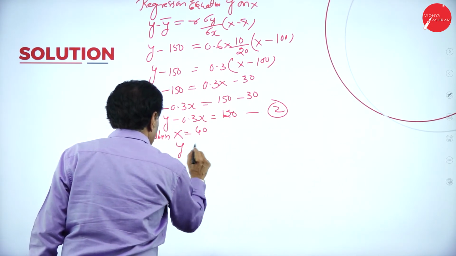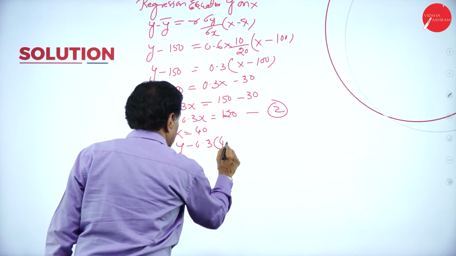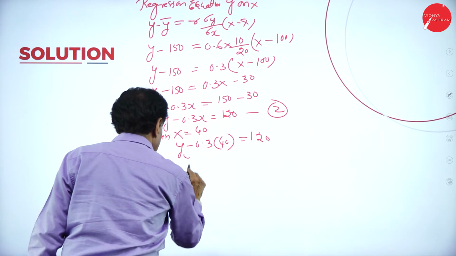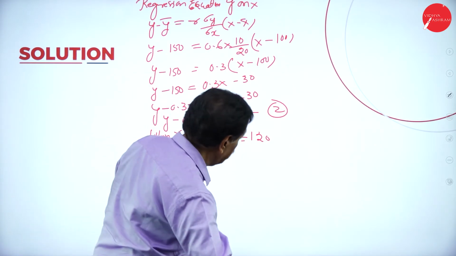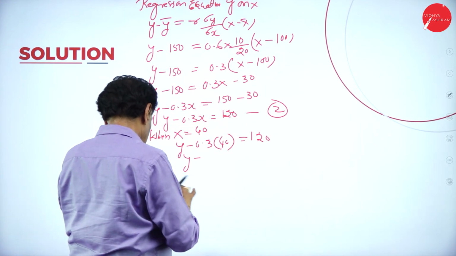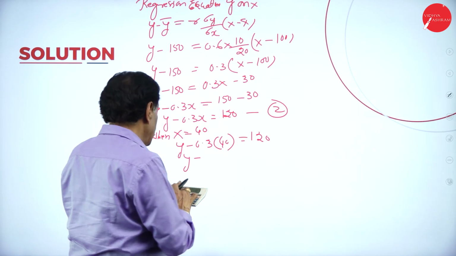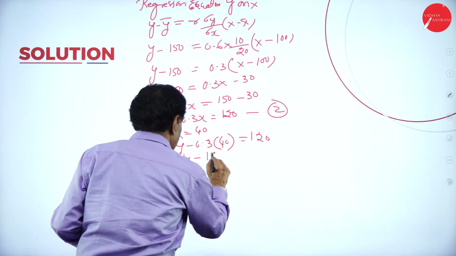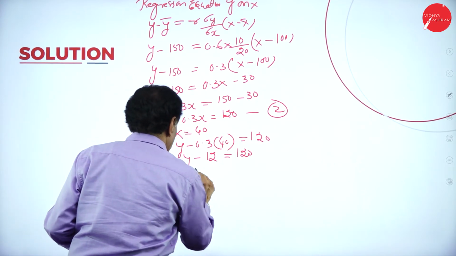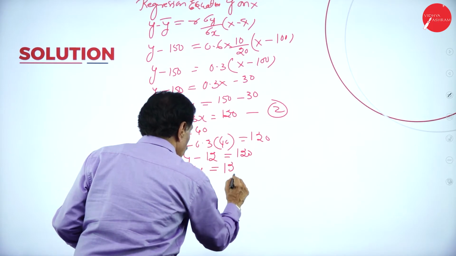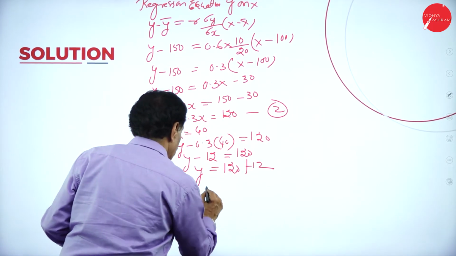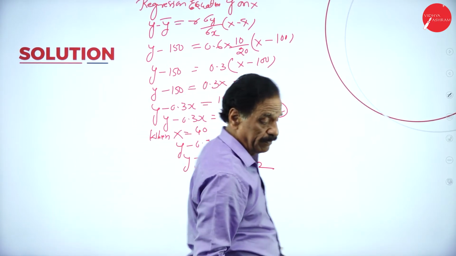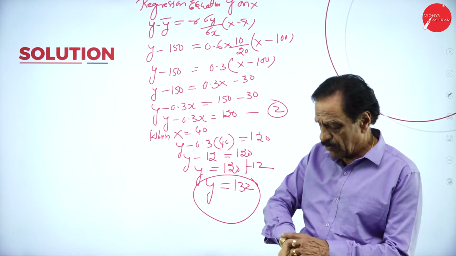Apply: y minus 0.3 into 40 is equal to 120. 0.3 into 40 is 12. Y is equal to 120 plus 12, which is 132. We have found out the value.